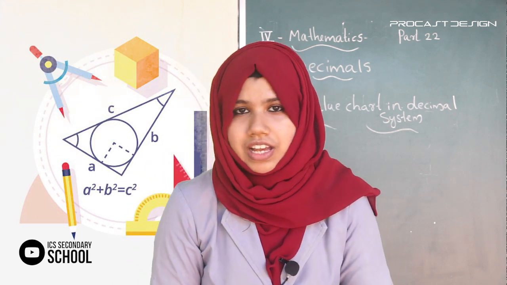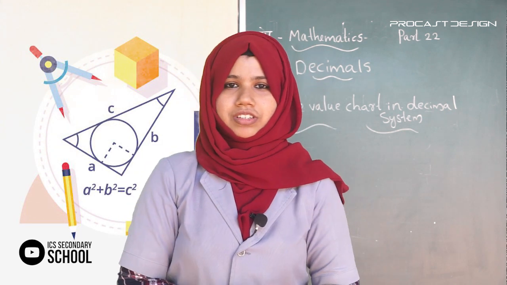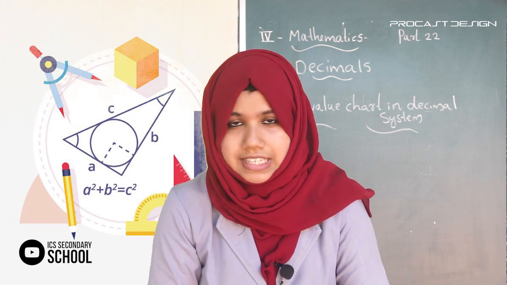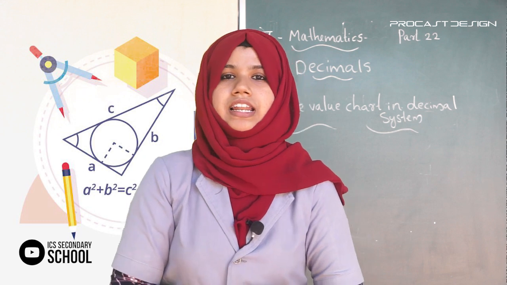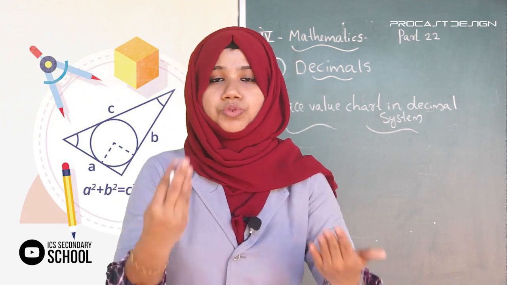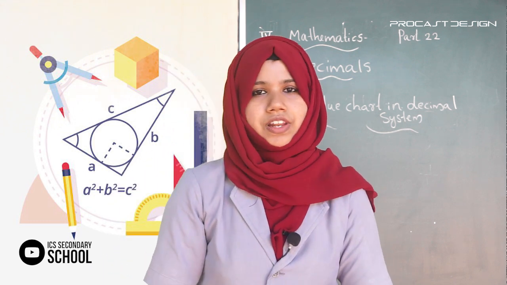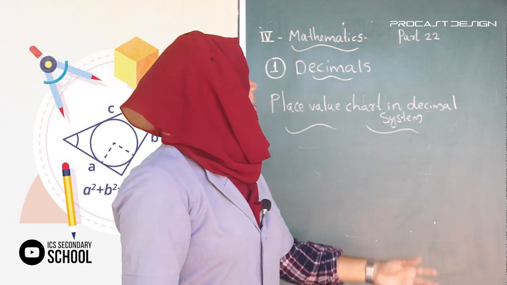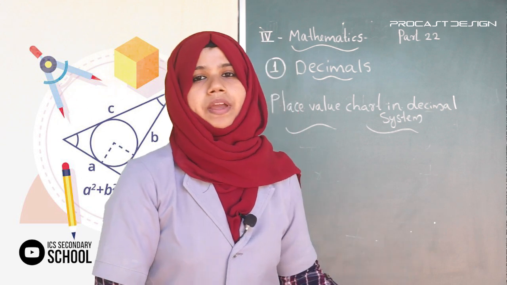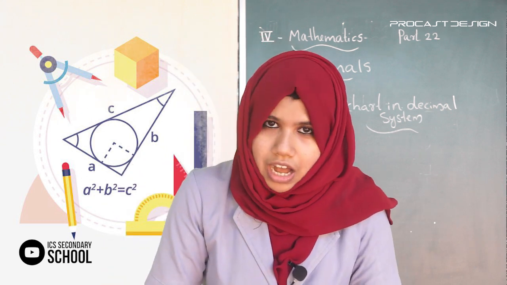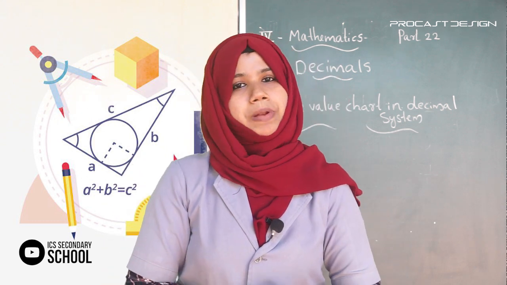You already learned about the place value chart in our first chapter. The numbers are arranged in a place value chart. So, how do we arrange decimal numbers in a place value chart? In this topic, we will study how to arrange the decimal numbers in a place value chart.